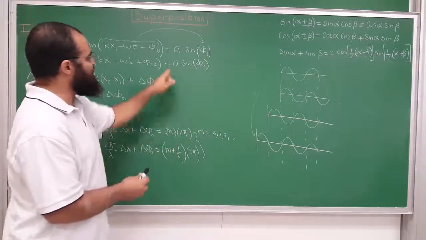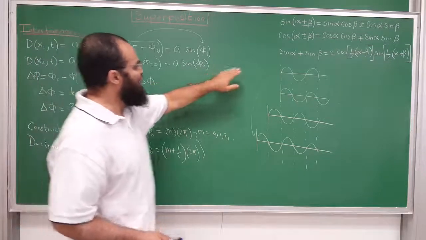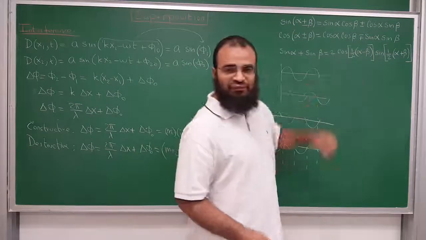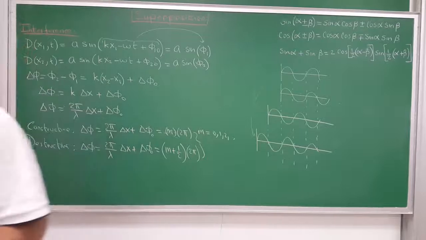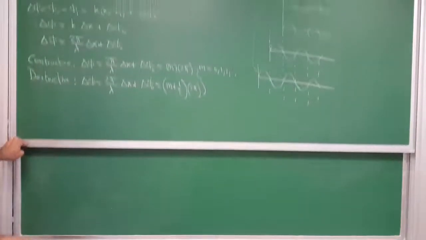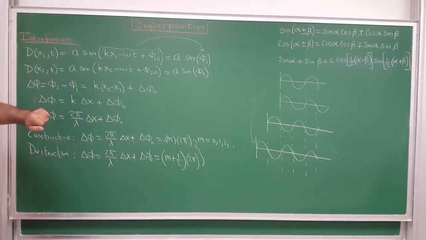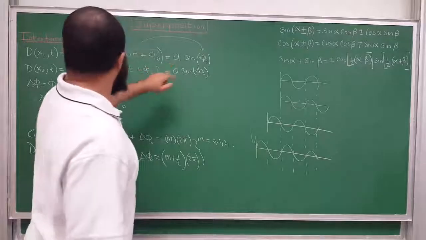You see here, I will have a sine of phi 1 plus a sine of phi 2, and I'm going to use this identity, sine alpha plus sine beta equals this. So that's what I'm going to use in a moment. Let me do that in the next board. So I'm going to add these two functions here, and then I'm going to use this identity.